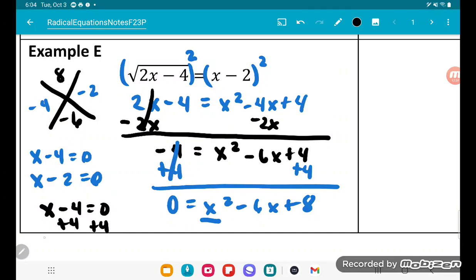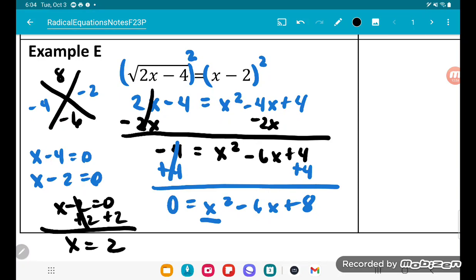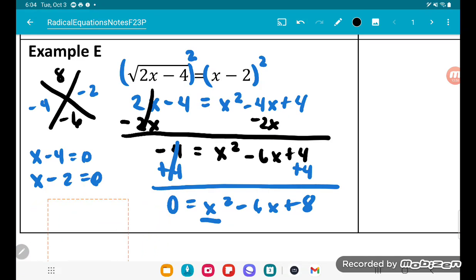Add 4 to both sides. That's why x equals 4. You will do the same thing with x minus 2 equals 0. Add 2 to both sides. So x equals 2. Remember, factor, solve. So your two x's are x equals 2 and x equals 4.